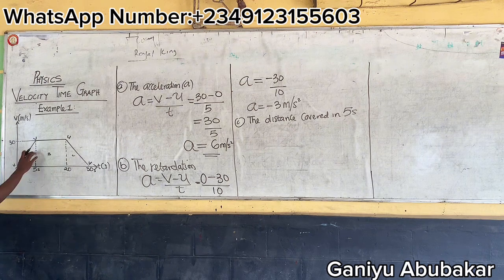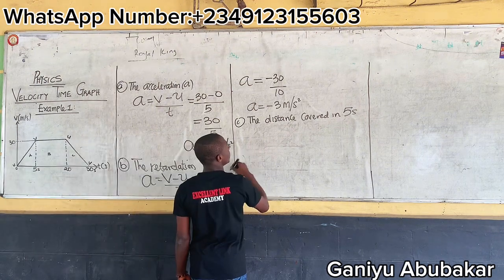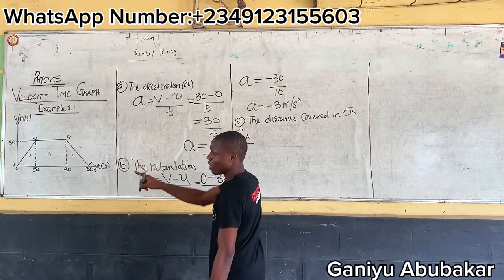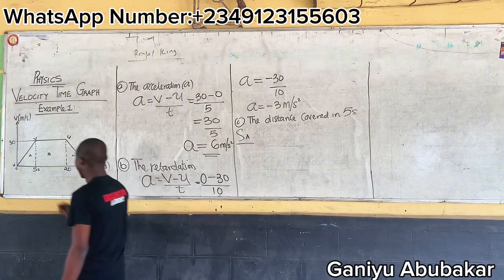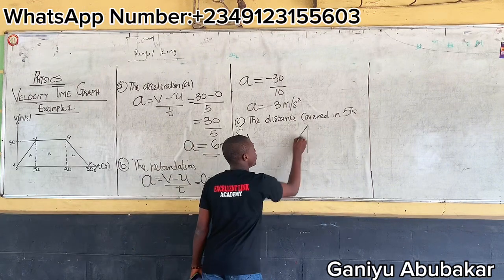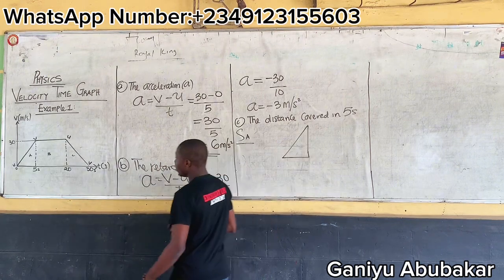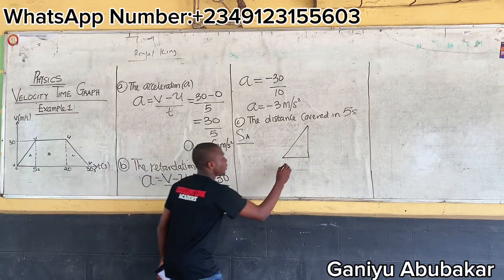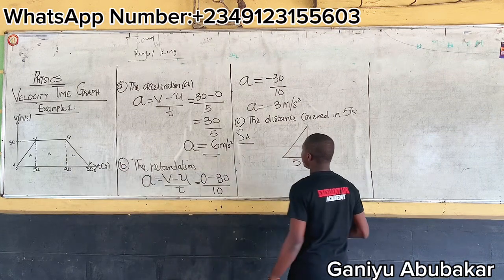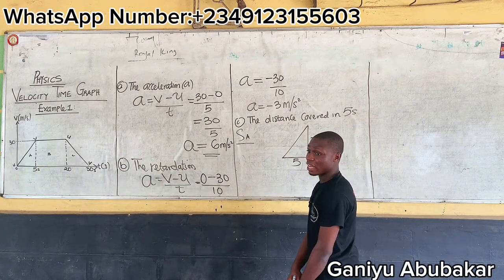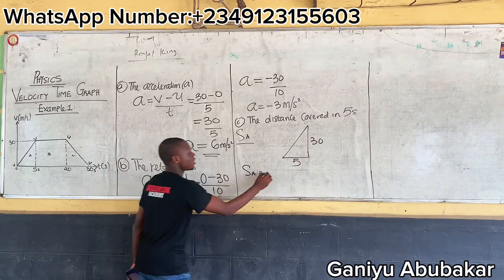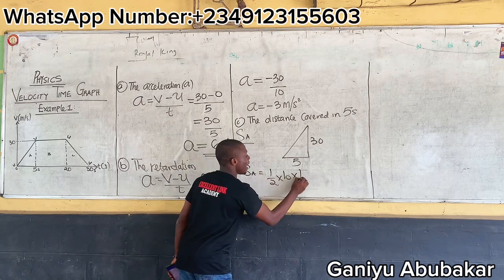Are we there? So for my distance A, let me call it SA. What am I seeing there? A triangle. So I'll have a triangle this way, a triangle this way. Here will be 5 seconds. Here will be exactly 30. So we said look for distance as if looking for area. What's the area of the triangle? So distance at A is half times base times height.